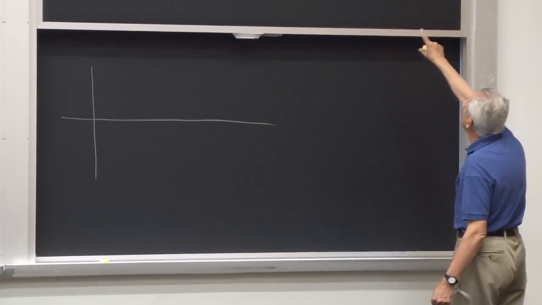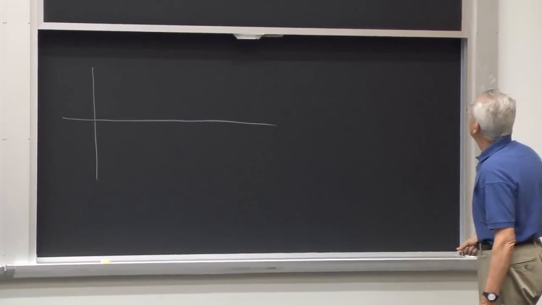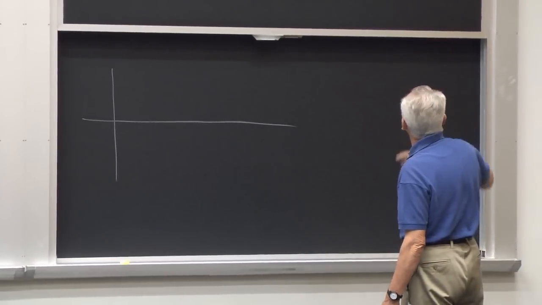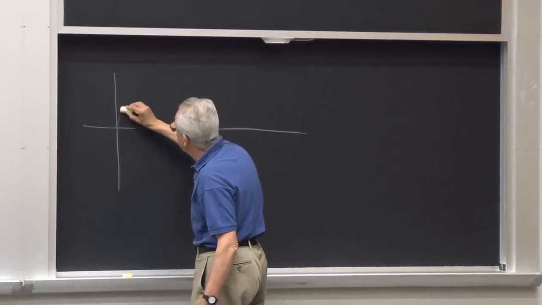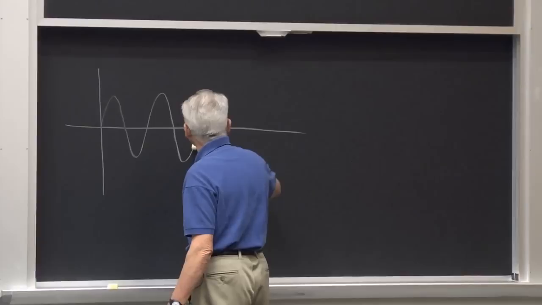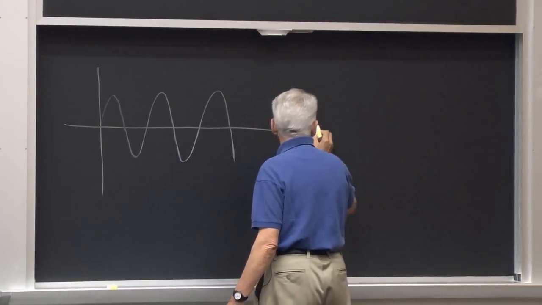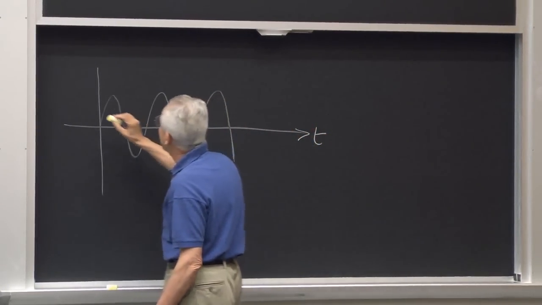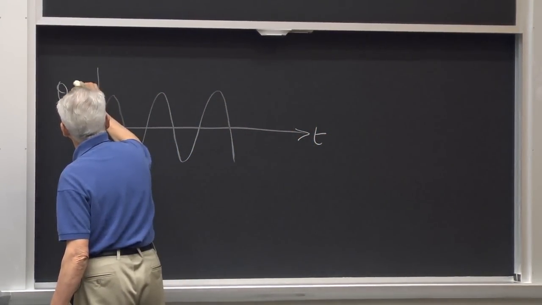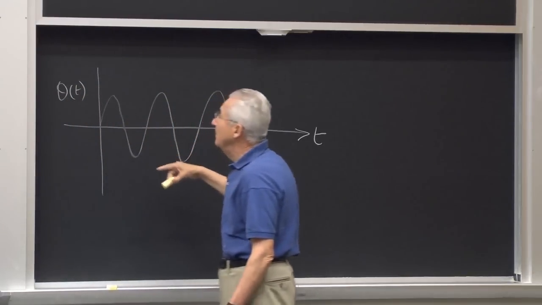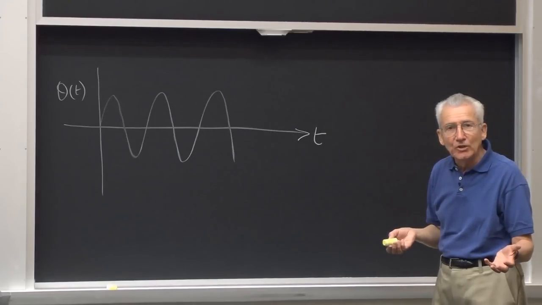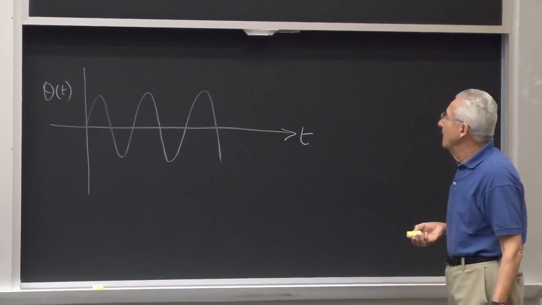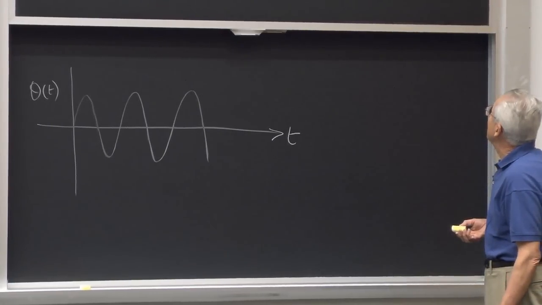So now if I plot this, what do I see? If it wasn't for the e to the minus gamma over 2t, it would be a sine. All right? That's what it would look like, as a function of t, and this is the angle theta of t. This would be the simple harmonic motion with no drag, no damping.